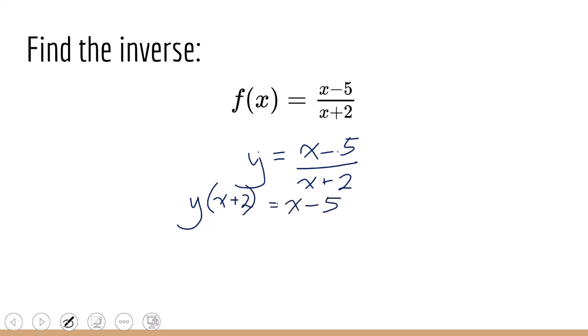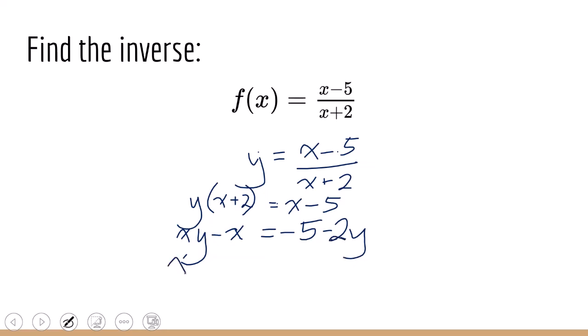So remember, I'm trying to find x in terms of y. So I need to bring all the x's to one place so I can factor it out. I'm going to keep xy on this side, and I'm going to bring x to this side also, while on the other side, I'm going to have the minus 5 and the minus 2y.